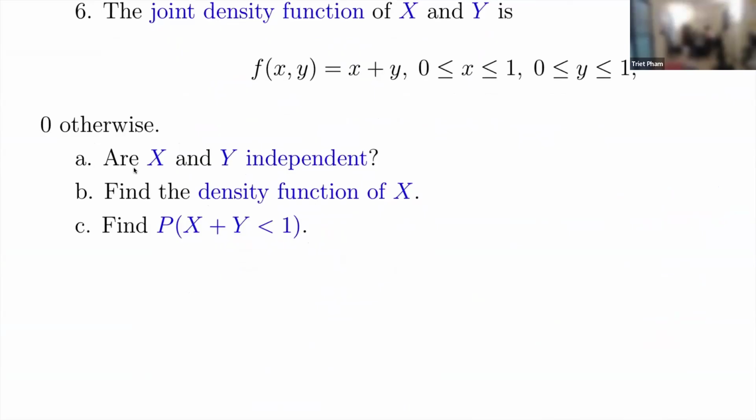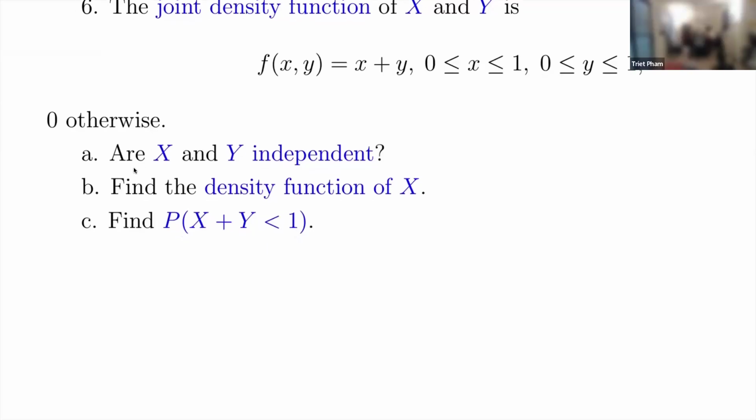So this one, are they independent? The answer is no, but no here is not enough.